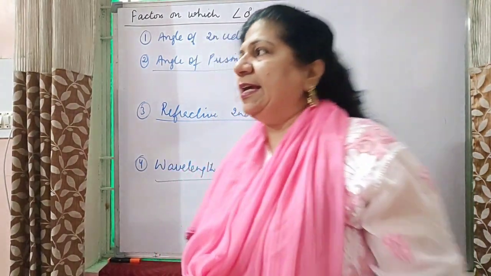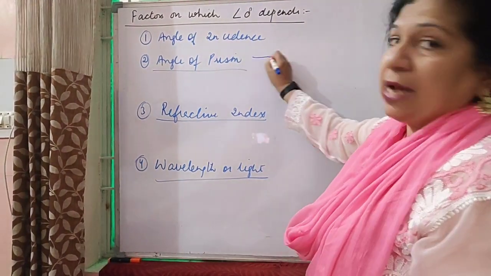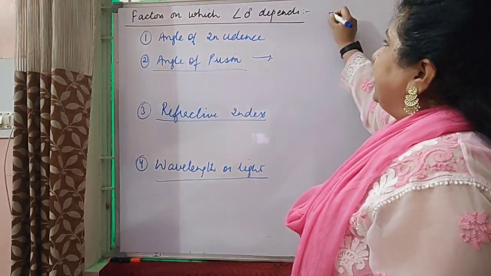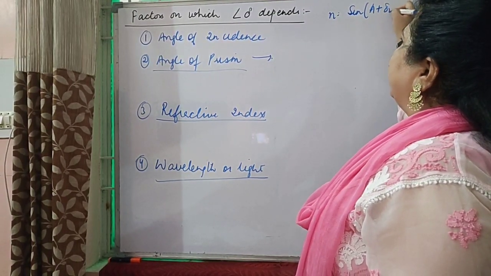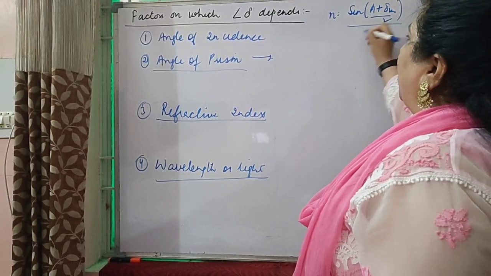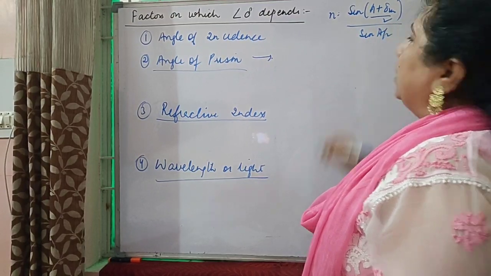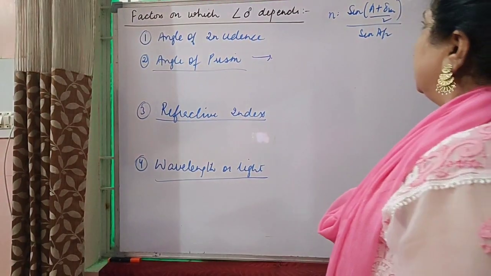So as you see, we are discussing the angle of prism A. We have seen that n is equal to sin((A plus δm)/2) upon sin(A/2).